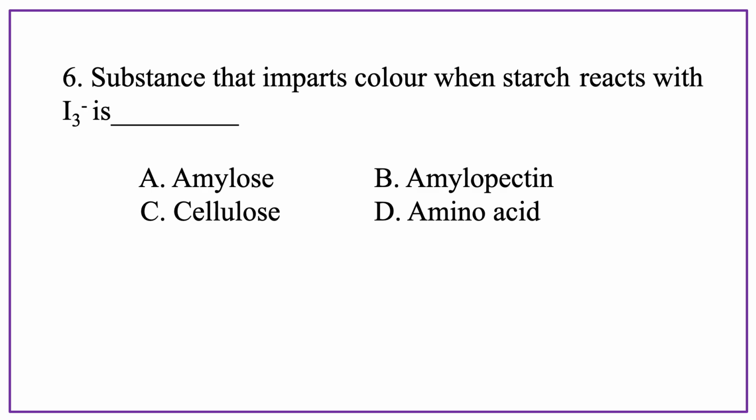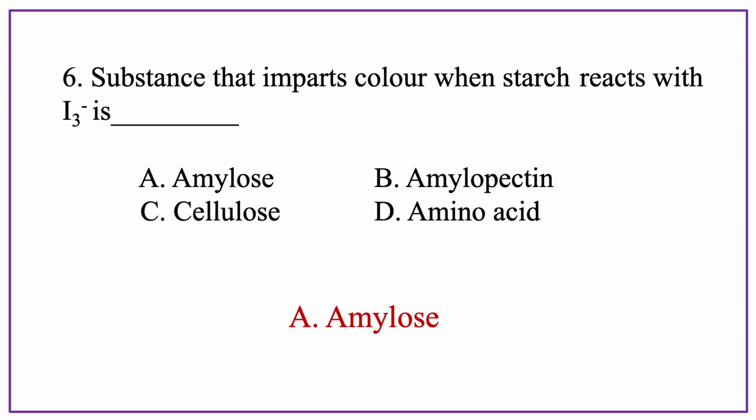Now, because of the presence of which substance in starch does it give blue color to the complex formed with the triiodide ion? We know that starch is made up of amylose and amylopectin, but because of the presence of amylose, it gives the blue color with iodine.